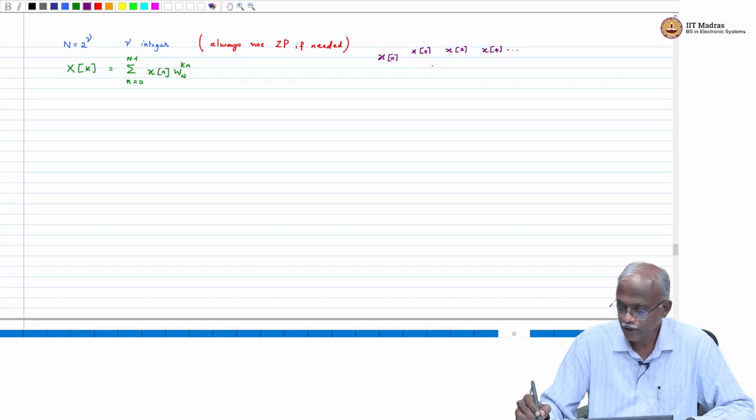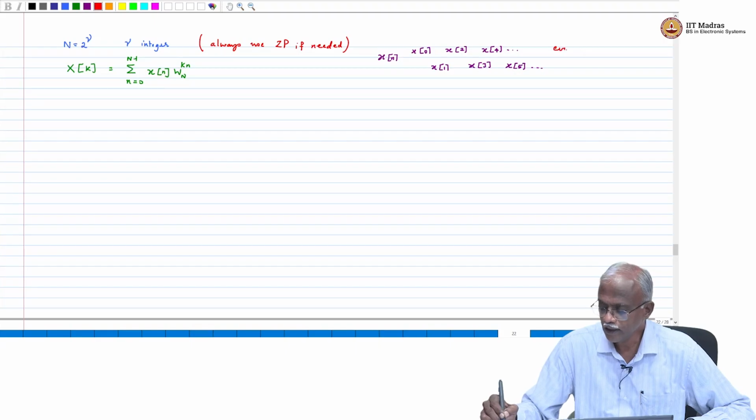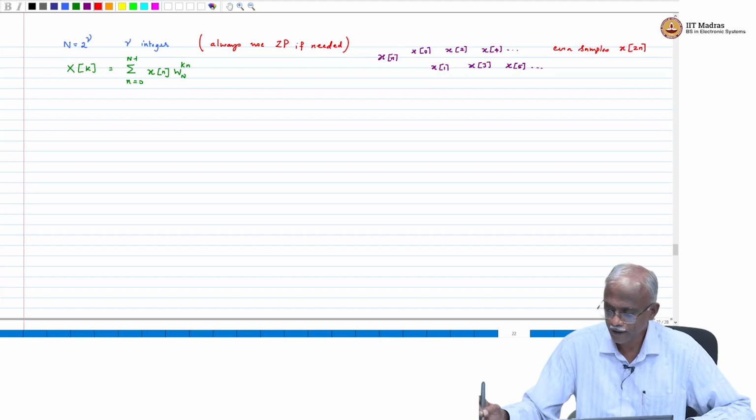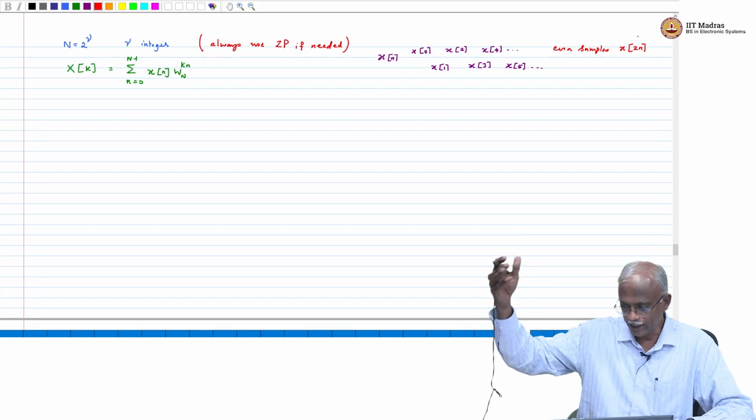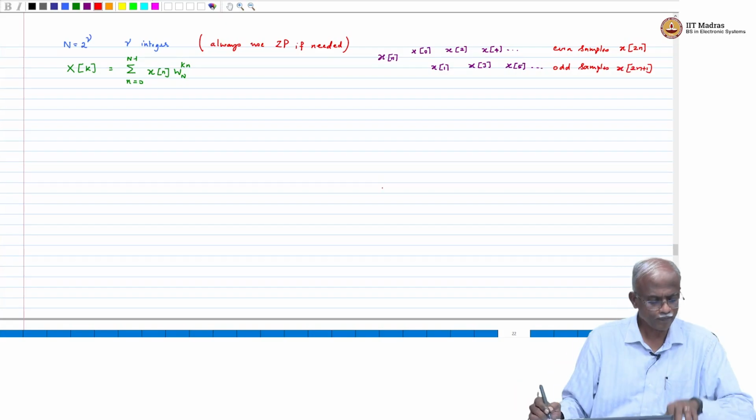On the other hand, the odd samples will be x1, x3, x5 and so on. So you know what are odd samples, even samples. So these are the even samples, denoted by x of 2n, where n is equal to 0, you can substitute in x of 0, x of 2. These are the odd samples. They are obtained as x of 2n plus 1.